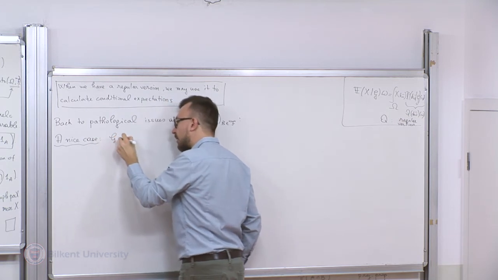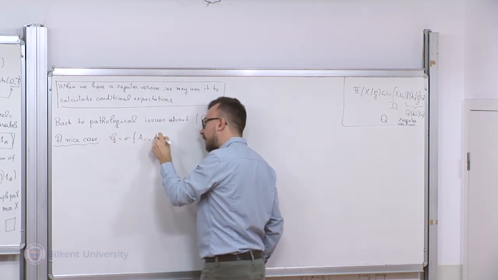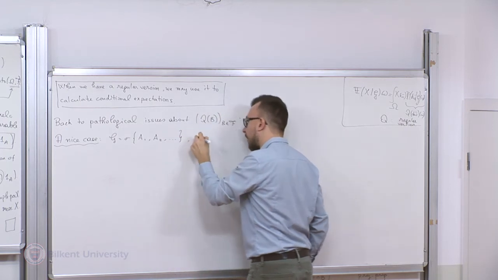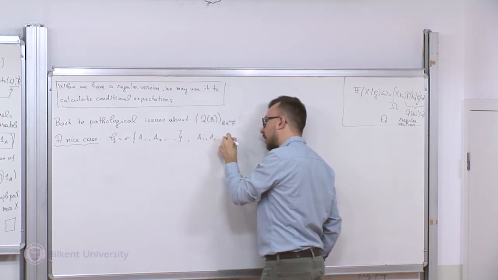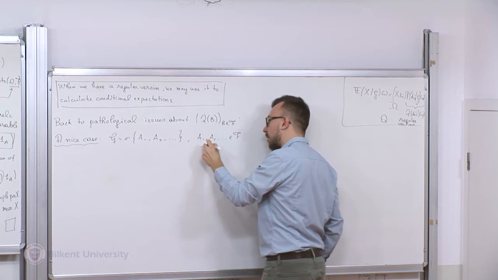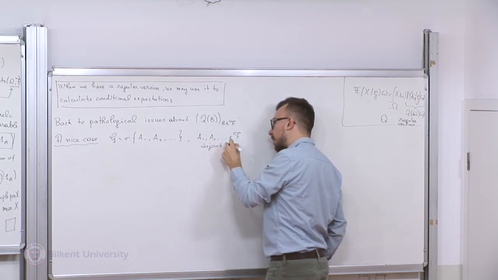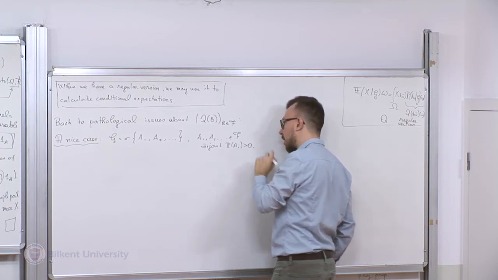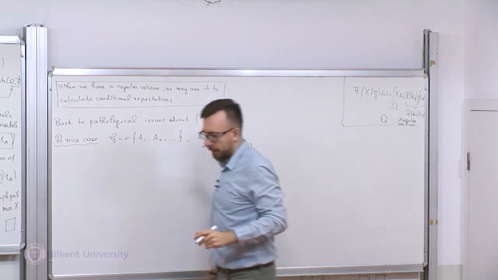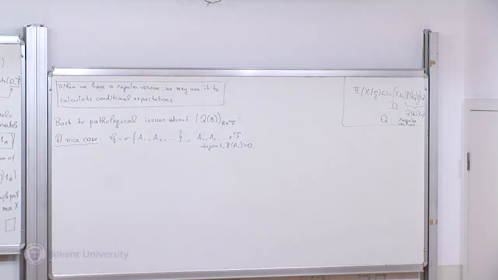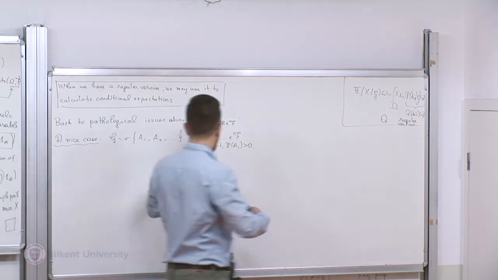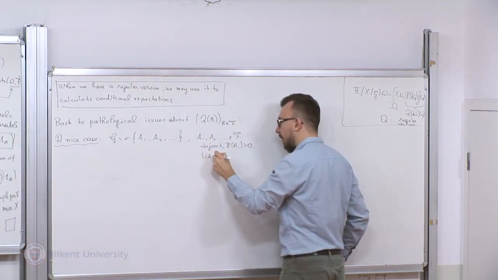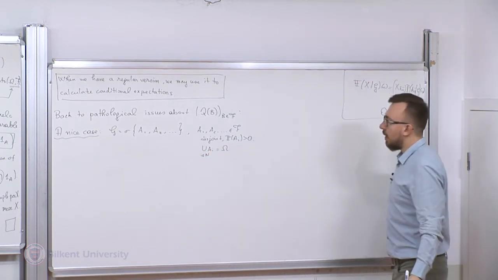So let's say G is generated by countably many sets that are disjoint, and they have strictly positive probabilities. So they partition omega, disjoint, and the union is omega.